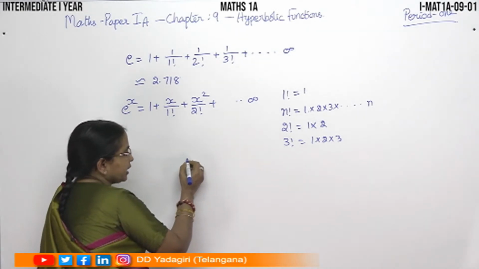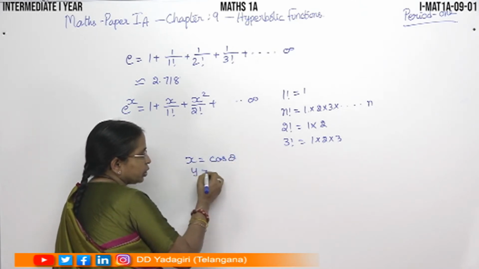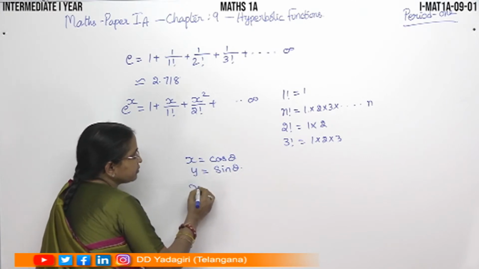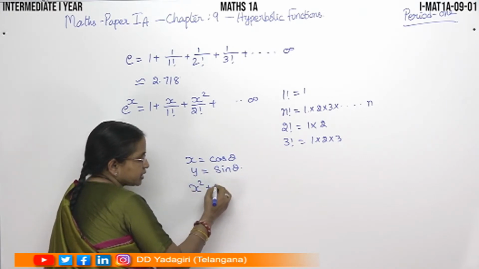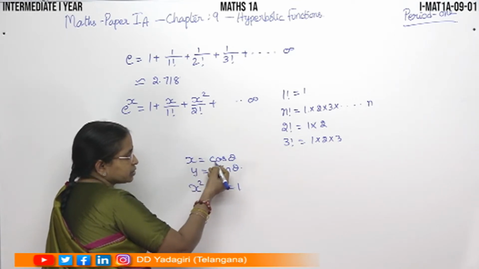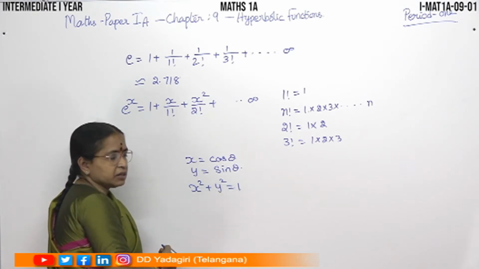Now let us take x equal to cos theta and y equal to sin theta. If you see, these two satisfy the equation x square plus y square equal to 1. If you put x as cos theta, cos square theta plus sin square theta is always equal to 1.